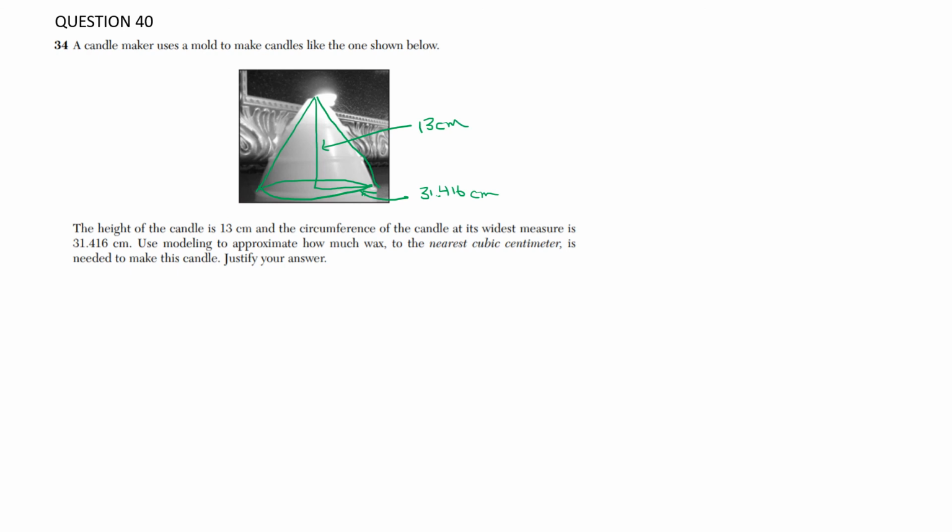All it's asking us is how much wax, which is the volume of this cone. So let's find the volume of a cone. Looking in your reference sheet, we have 1/3 pi r squared h.